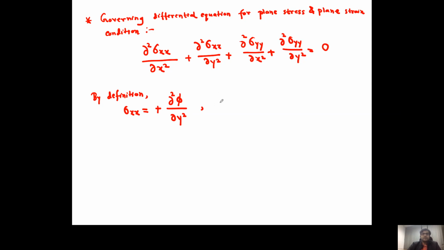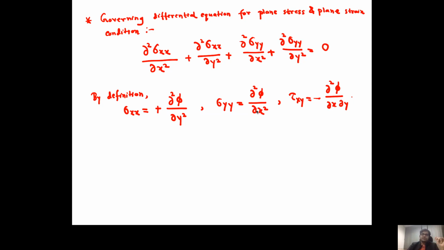We have sigma yy to be equal to del 2 phi by del x2, and then we have tau xy to be equal to minus, so there is a minus sign, del 2 phi by del x del y. So this is by definition of Airy's stress function.